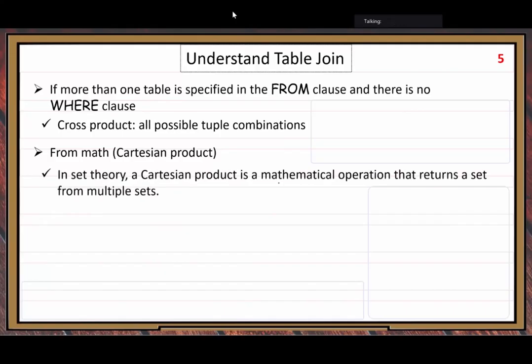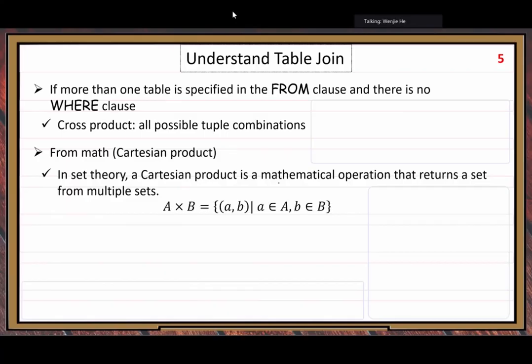In set theory, a Cartesian product is a mathematical operation that returns a set from multiple sets. Kind of a join way. Although in math we do not call it table join. So there is no such concept in math. But the way to combine them, when we do table join, we use the same way to combine them. All right.